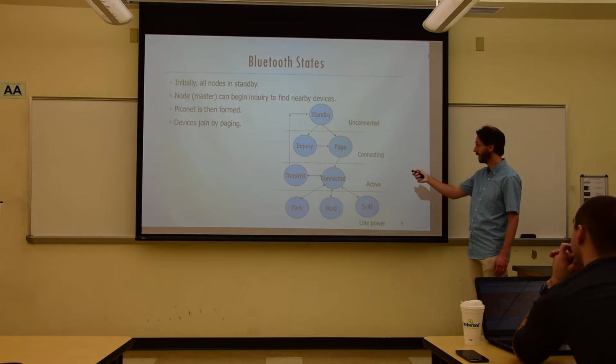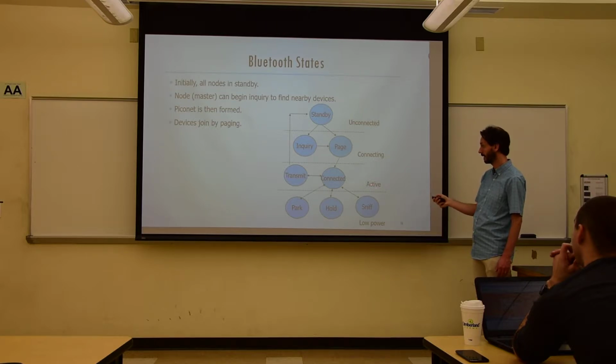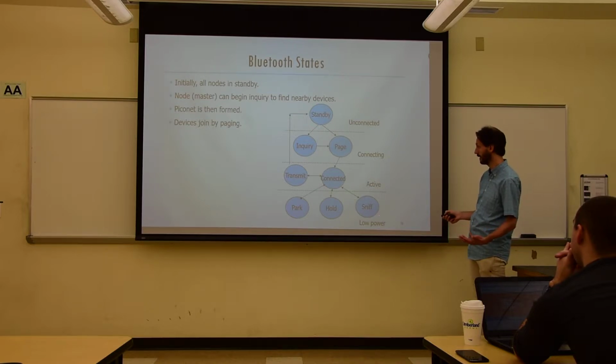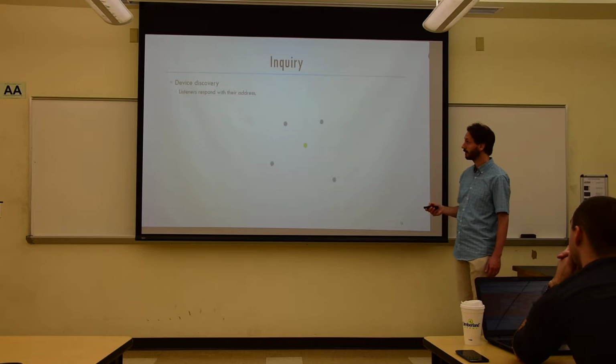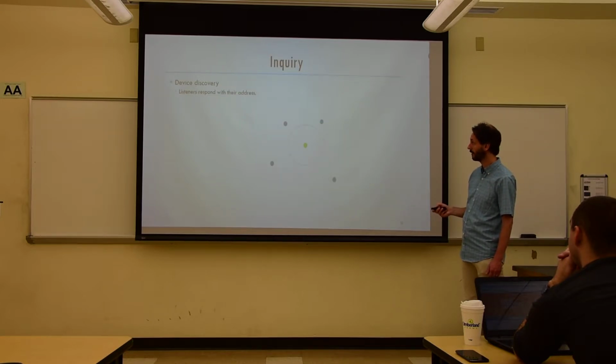We can have standby, you can try to connect, you can be active with transmissions, and you may also be standby, but sniffing whether something may be ready for you. So on an inquiry, you do device discovery, so you figure out who is in your neighborhood, and then you get signals back, and that means that you get to know those. So you discover the devices.